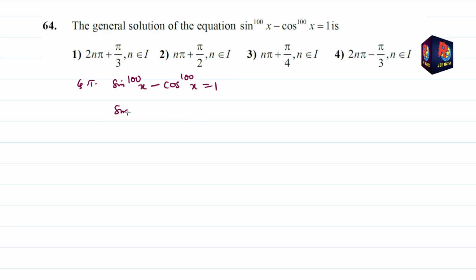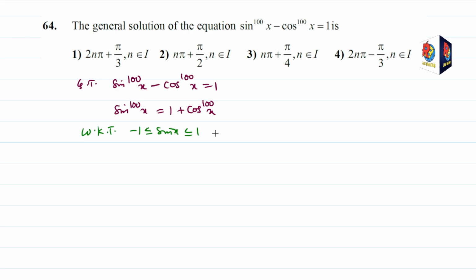If I take sin power 100x as it is, and the minus term to that side, then it will be 1 plus cos power 100x. But here observe this. We know that sin range is minus 1 is less than or equal to sin x is less than or equal to 1. That is sin range is minus 1 to plus 1. So sin x is not greater than 1. That one we need to remember.